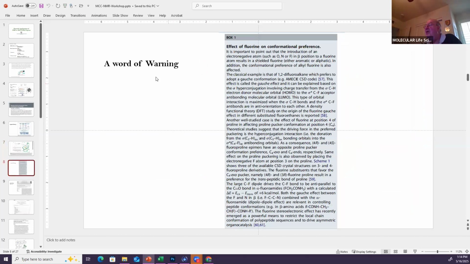But a word of warning: this paper discusses quite extensively some of the problems that having fluorinated molecules in the system cause, because fluorine, of course, doesn't behave just the same way as a hydrogen.